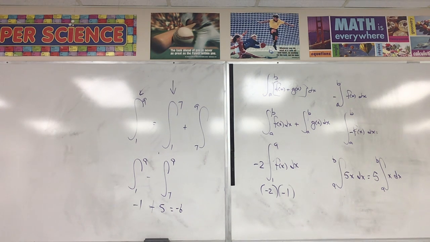Letter F. The integral from 9 to 7. What did I do to my limits? Switch them around. So this would be the opposite of 7 to 9. What's my integral from 7 to 9 of h of x? It's 4, so if I switch it, it's going to be negative 4. And what's my integral of f of x?